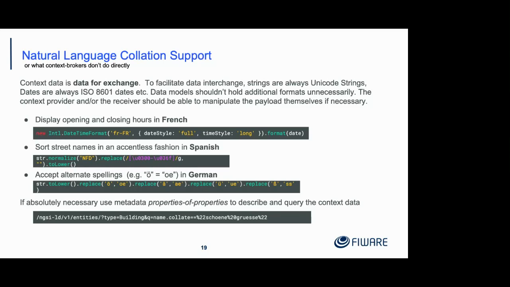So what this means is I can create a property. Let's say my property is called name. I'm going to call the property name collate.